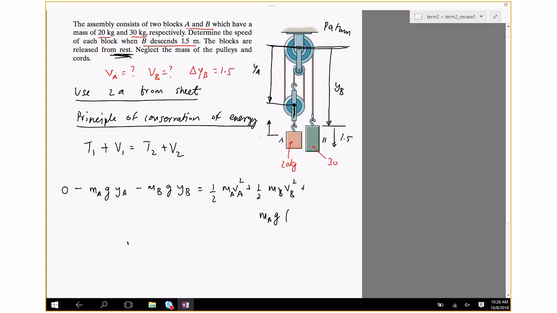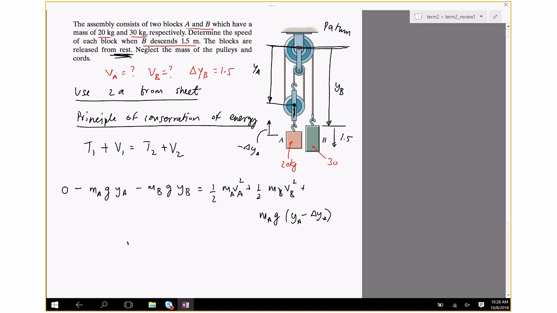And we do not quite know how much A is going to go up. So let's put that to be negative delta y_A. Then we have to find that. So the new potential of A is going to be m_A g times the displacement. So that's going to be y_A minus delta y_A, right?